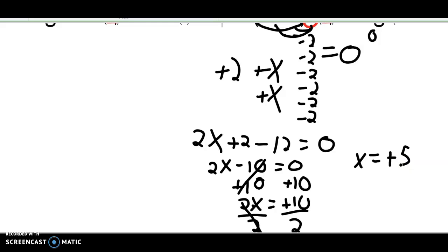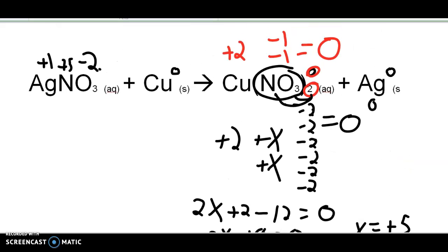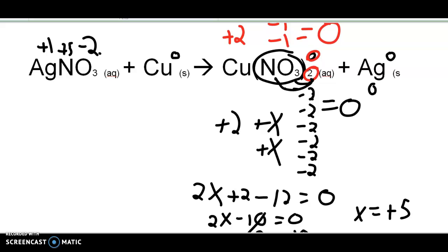So don't make the same mistake I made, and make sure you multiply that little subscript outside of the parentheses onto both of these. It does not get multiplied onto the copper because the copper is not in the parentheses.